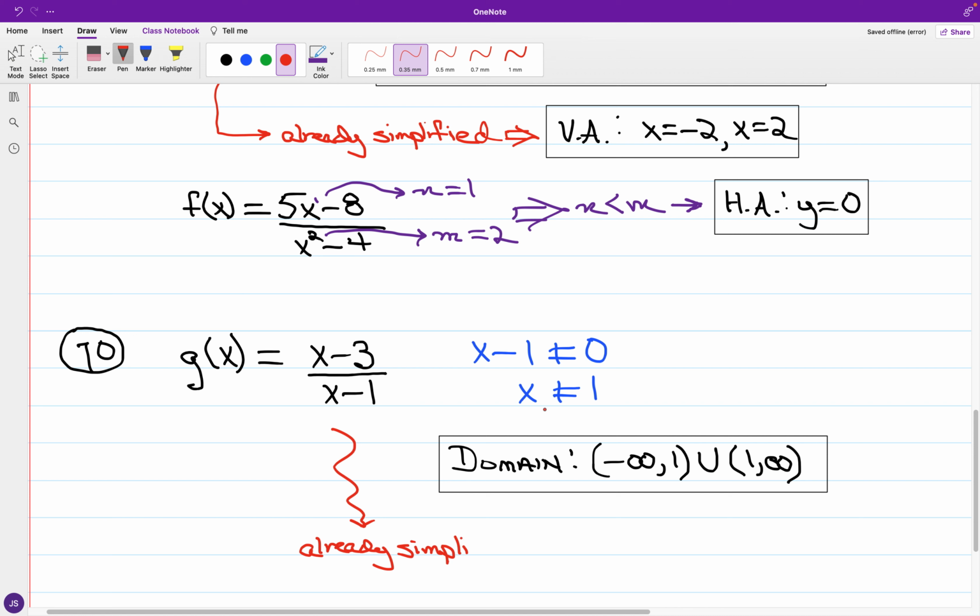So this exclusion from the domain will form the only vertical asymptote, with the vertical asymptote at x is equal to 1.